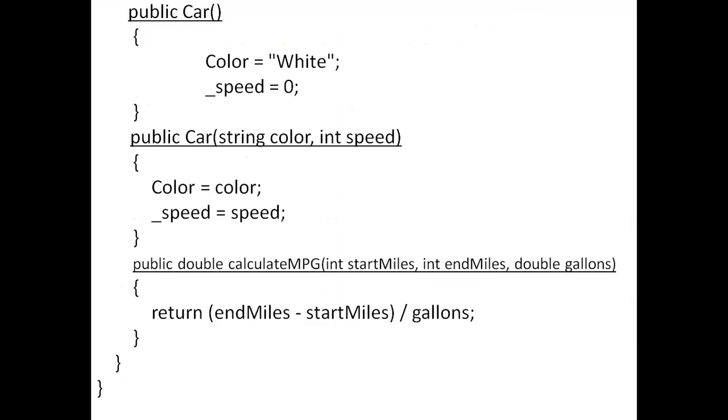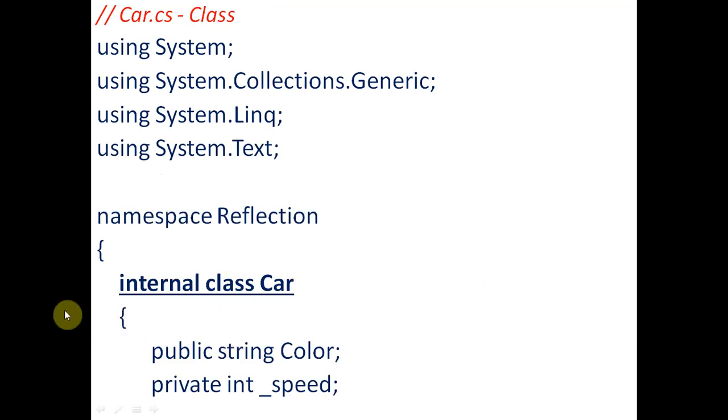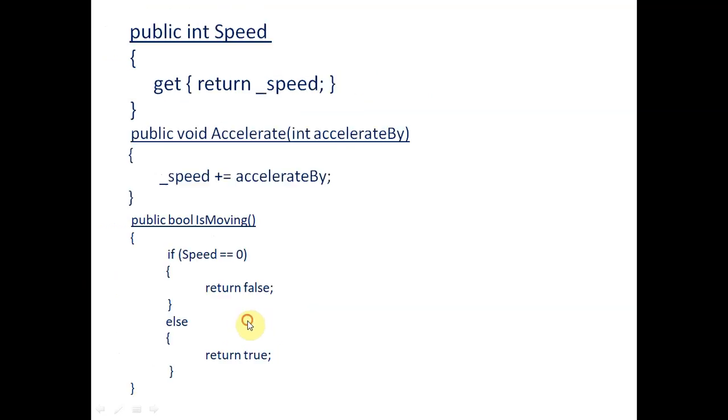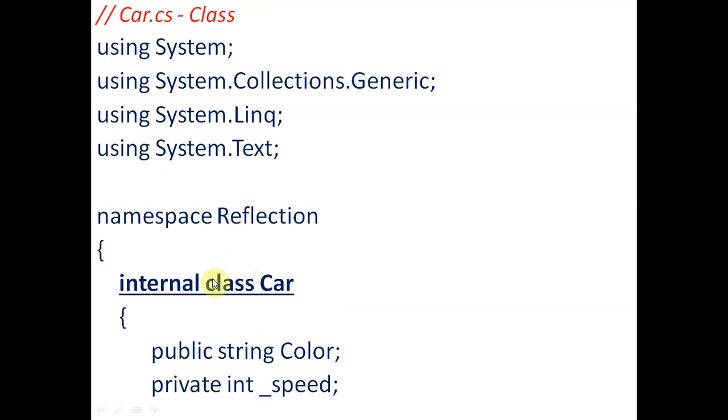Again you can see the same slide. You have to understand this fact. We have interface Car, and inside this we have the IsMoving function prototype. We have internal class Car. You can see this is under the Reflection namespace, and the interface is under the Reflection namespace. This is class Car, under the Reflection namespace, and color and speed are its variables.